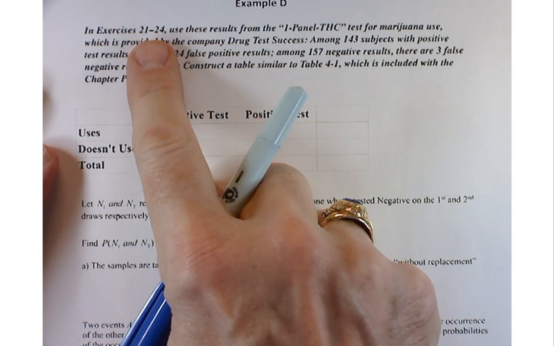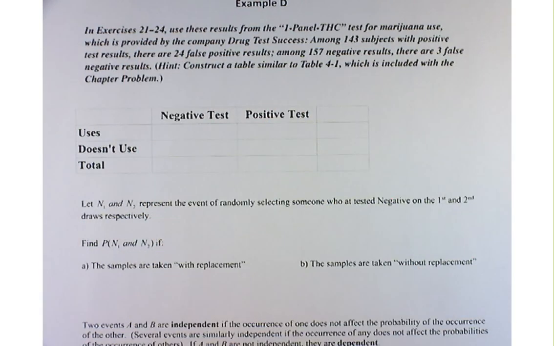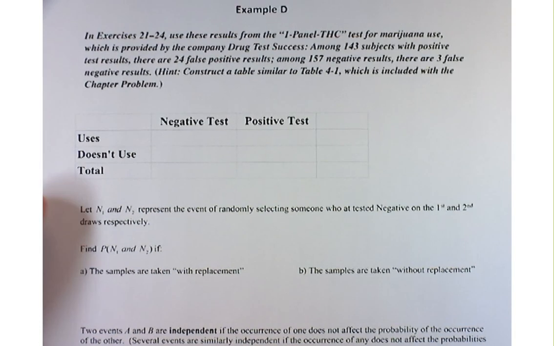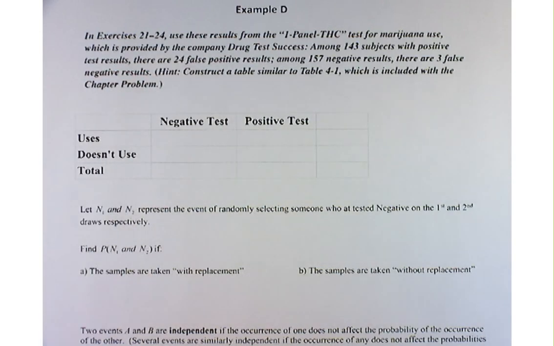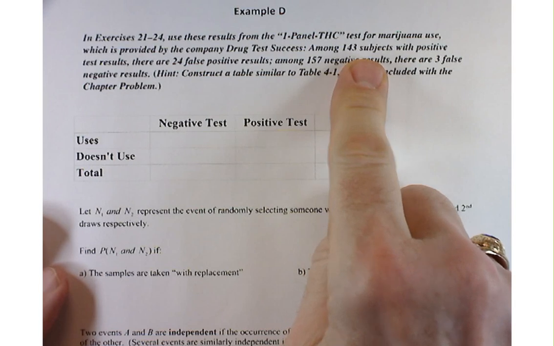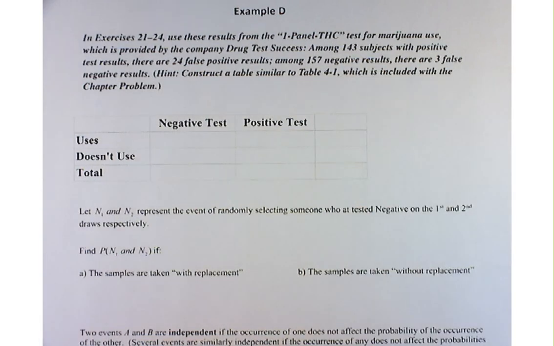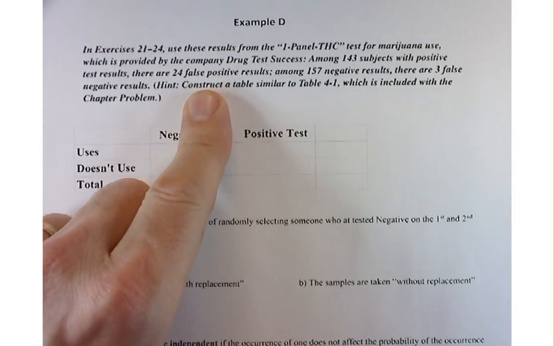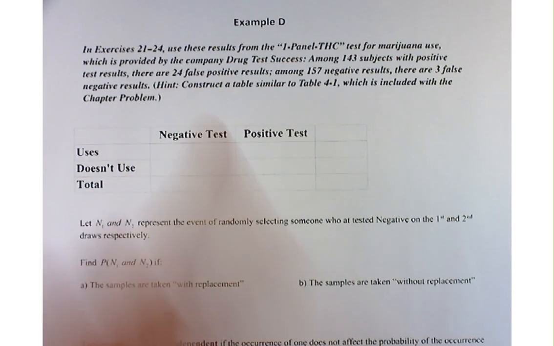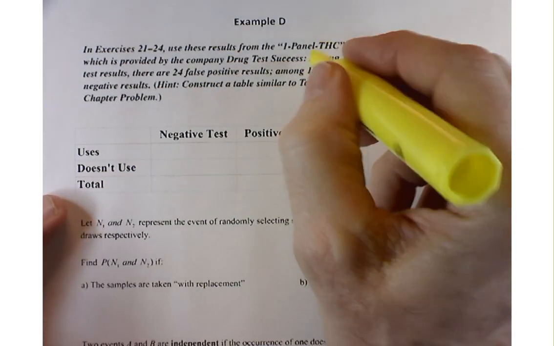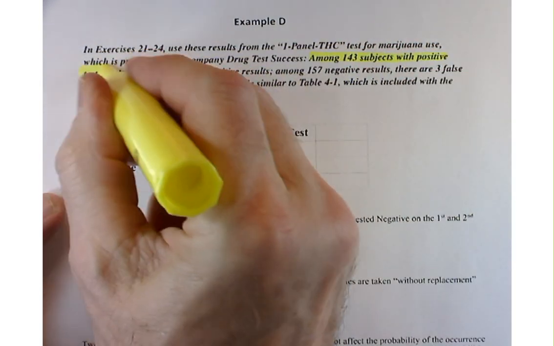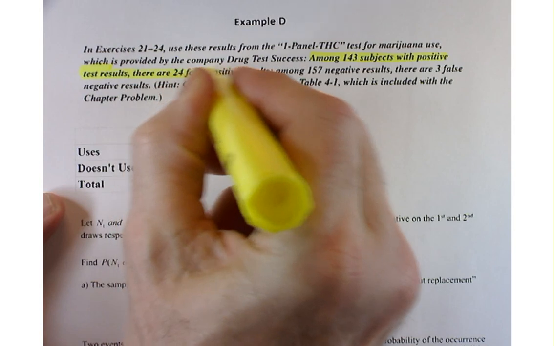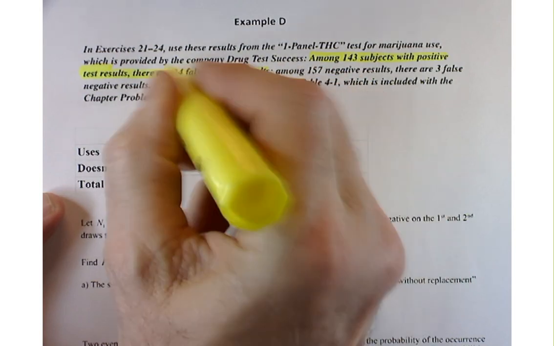In exercises 21 through 24, use the results from the one-panel THC test for marijuana use, which is provided by the drug company Drug Test Success. Amongst 143 subjects with positive test results, there are 24 false positive results. So let me highlight that for a moment.